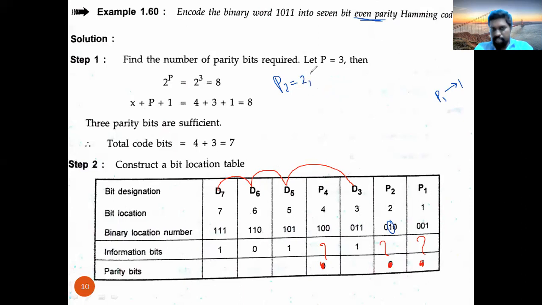Next 3 also has middle term 1. Observe carefully. Next 6 also has middle term 1, and 7 also has middle term 1. And write down the respective values. Second bit is empty, so keep a dash. Third bit value is 1. Sixth bit value is 0. And seventh bit value is 1.